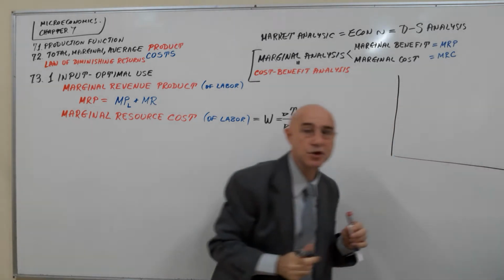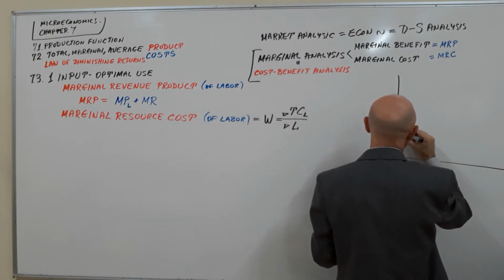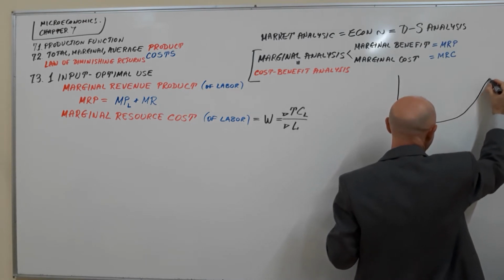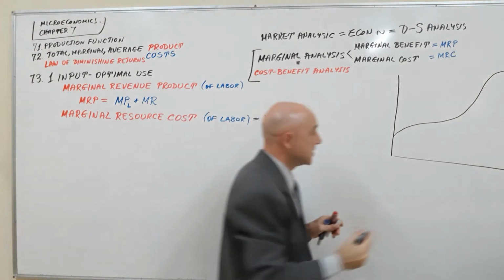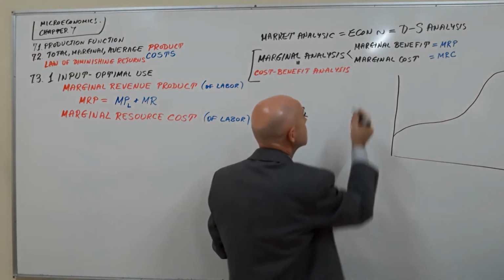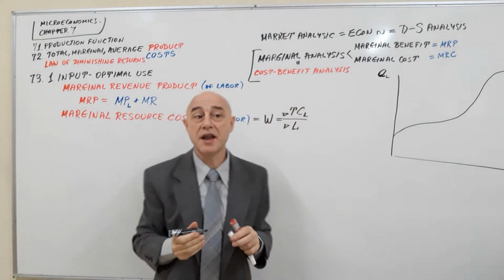We did it before. At first, it grows very slowly, then it rises rapidly, and then it slows down and turns negative. This is labor, and this is the quantity as a function of labor.